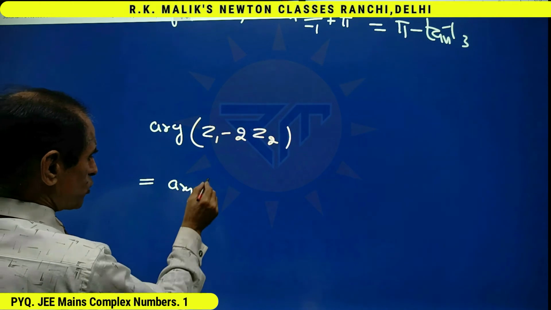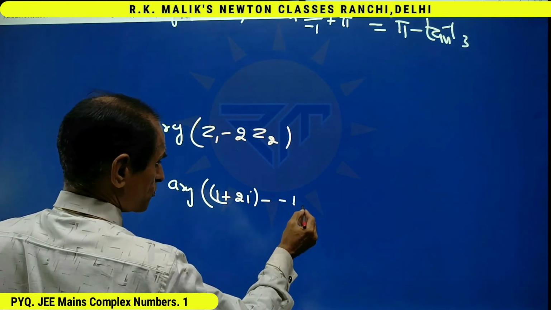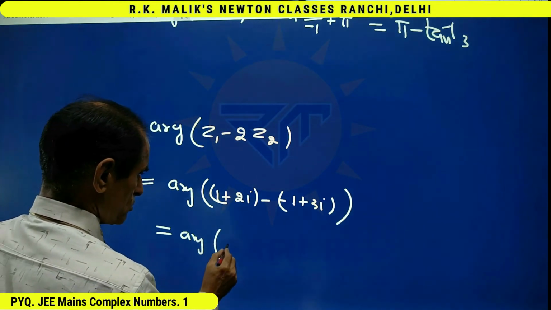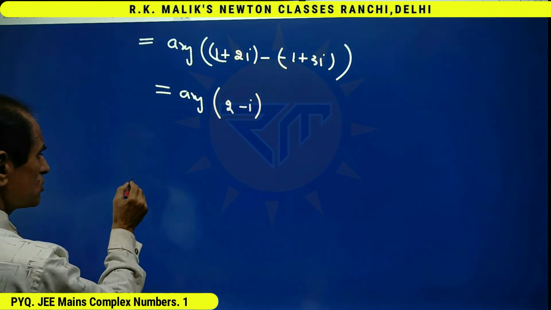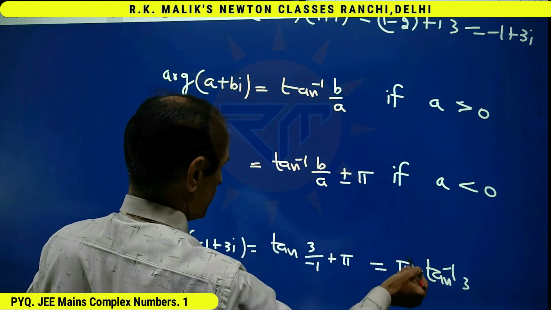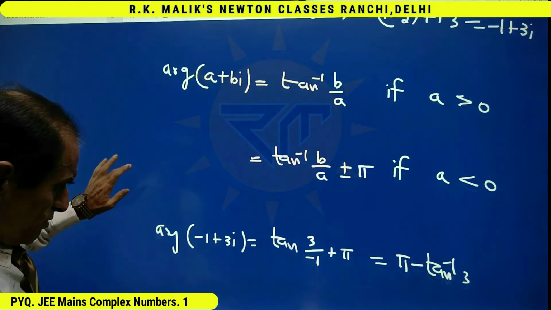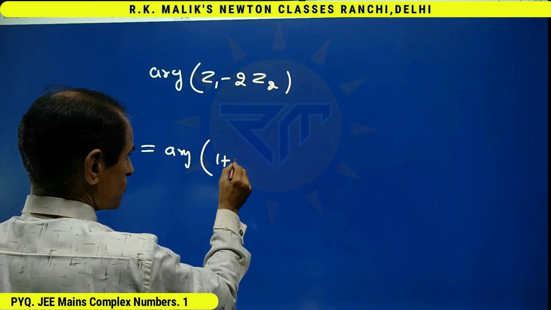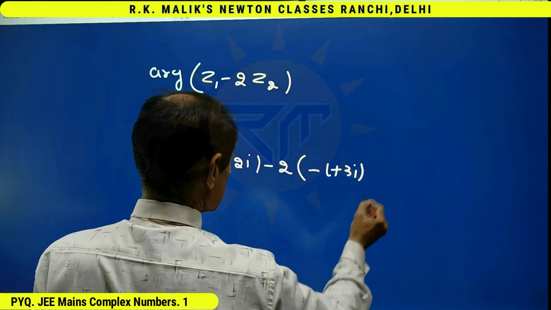That is argument of 1 plus 2i minus 2 into minus 1 plus 3i.